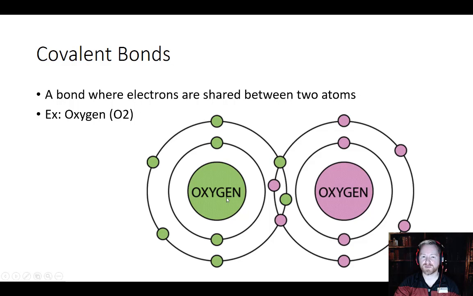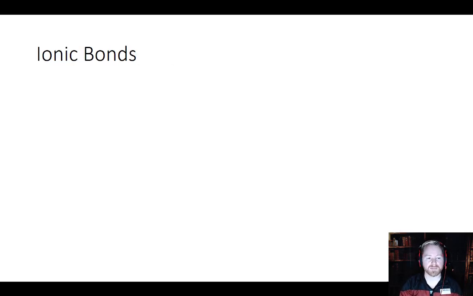And we call this a covalent bond because they cooperate and they share. And that's really important. This is actually a really strong bond. A lot of the bonds that we see within organic chemistry are all covalent bonds. So that's a really important one. But again, in this case, the electrons are being shared. They spend time around both atoms.